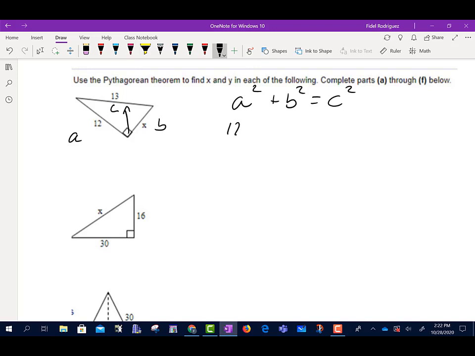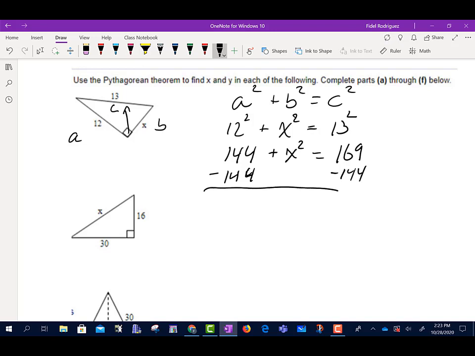So A is going to be 12 squared plus x squared is equal to 13 squared. 12 times 12 is 144 plus x squared. 13 times 13 is 169. Now we're going to subtract 144 on both sides.